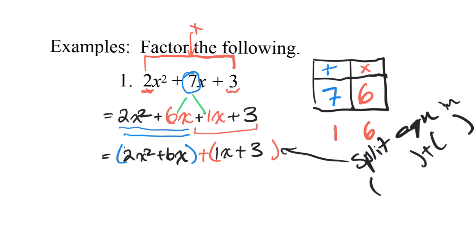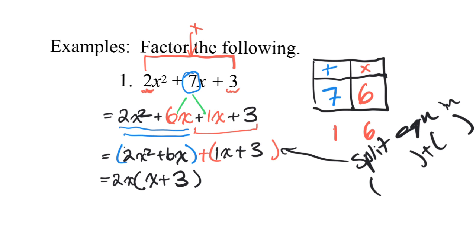And now for each bracket, we need to use the GCF. So we look at the first bracket. Well, 2 divides the 2 and the 6, and the lowest power of x between them is x. So our GCF for this first half is going to be 2x, and then we divide it out. We divide the 2x into that bracket, and we end up with x plus 3.